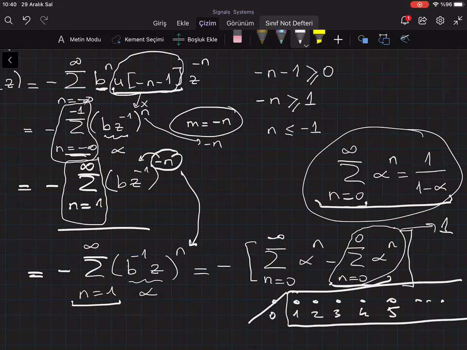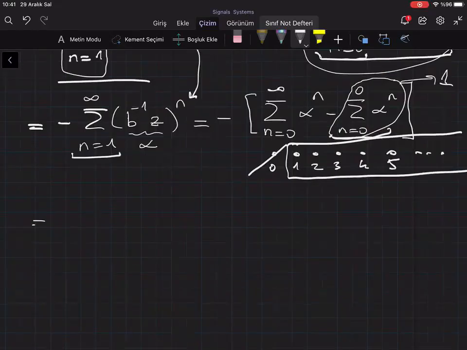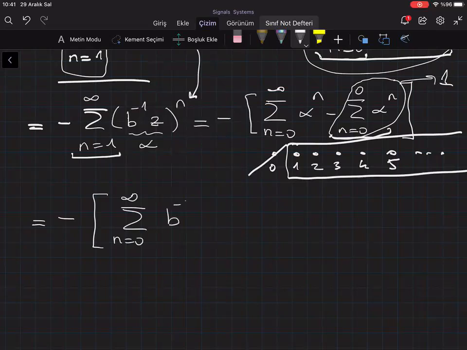Right? So I'm going to rearrange my formulation right now. It is going to be equal to minus, n equals 0 to infinity, b to the power minus 1 z to the n, minus 1. Is that okay arkadaşlar?